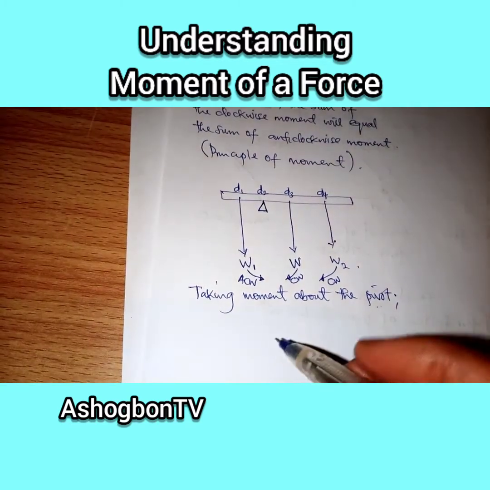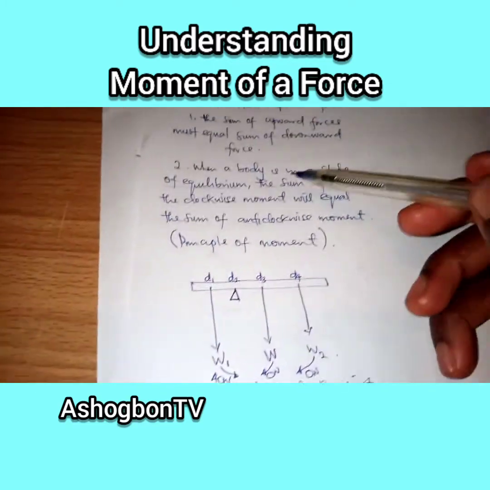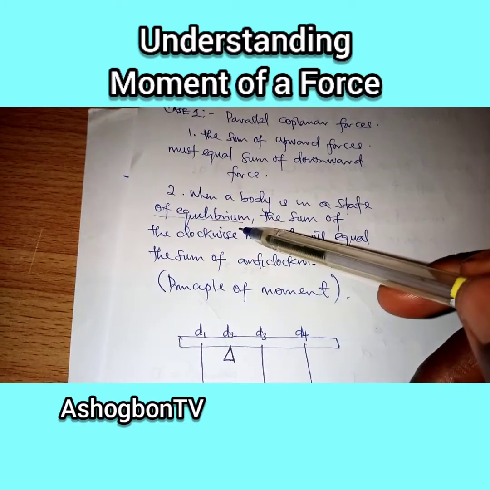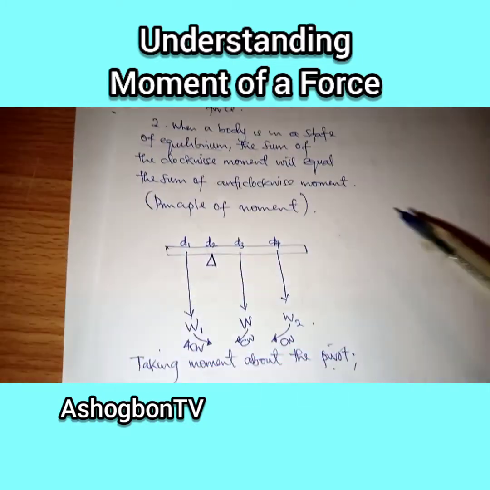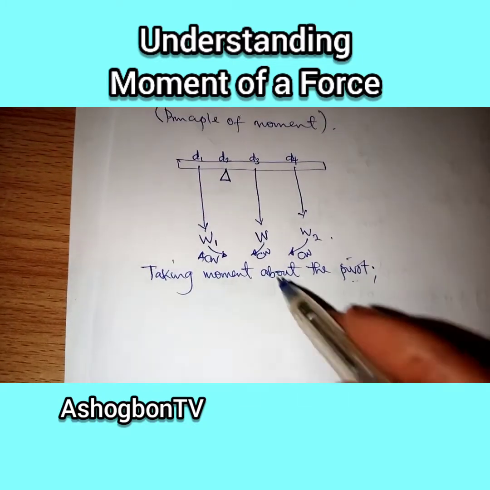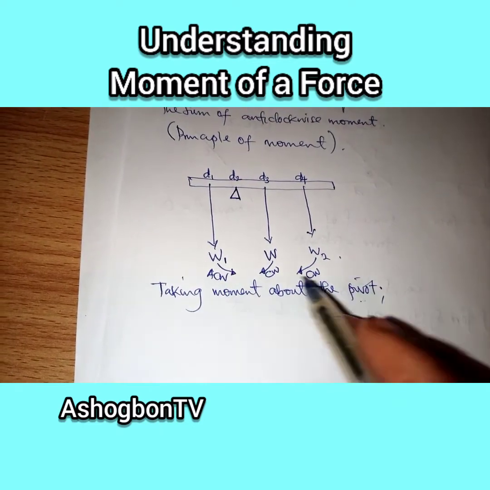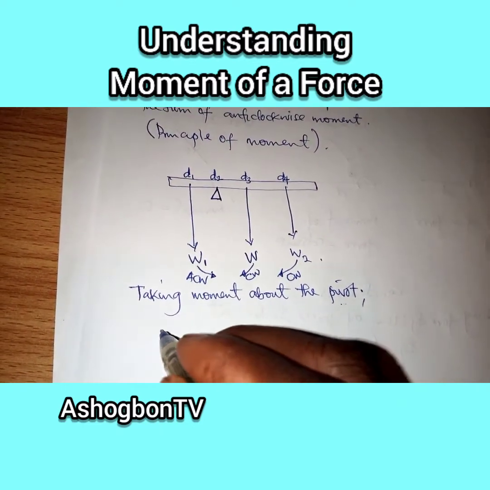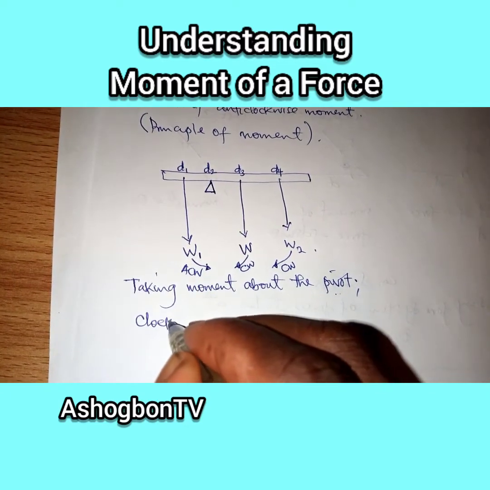And if that is the case, I want us to now apply this second law. That is, when a body is in a state of equilibrium, the sum of clockwise moment equals the sum of what? Anti-clockwise moment.